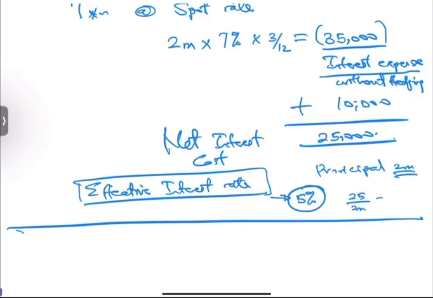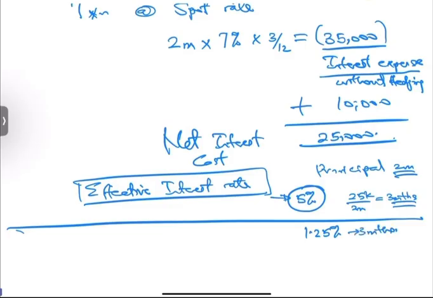Let me show you. What you do is you are paying 25K out of 2 million, and that's for 3 months. What is that rate? Times 100, that's 1.25% for 3 months.